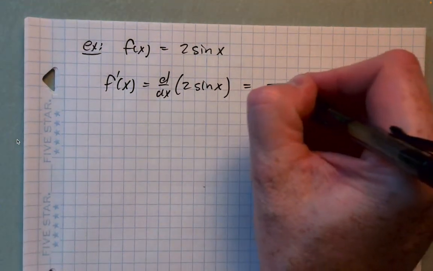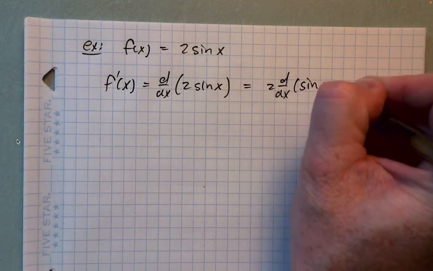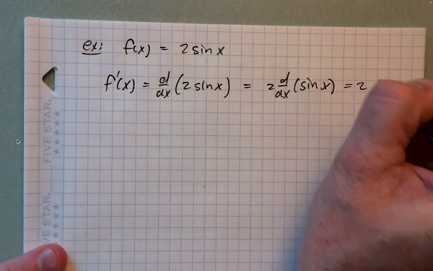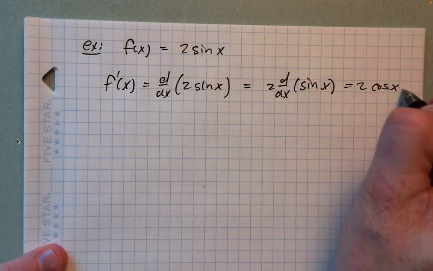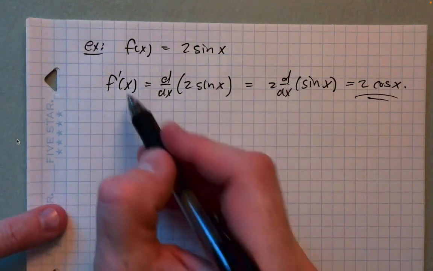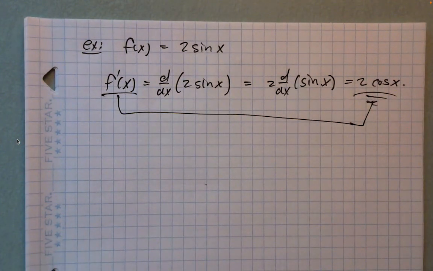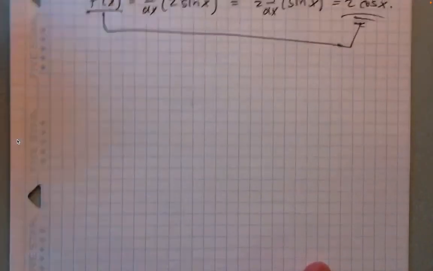And of course, again, I'm being very deliberate with my notation here. And that would be 2 times the cosine of x. That's what we just saw, isn't it? Now a problem like this, you might be able to start here and just jump right to the end. You might look at that and say, oh, I see exactly how this is going to go. No problem.